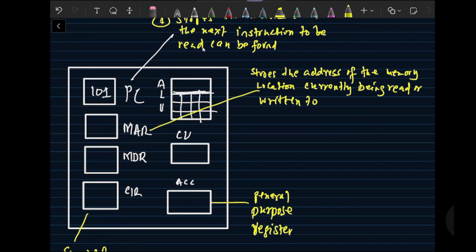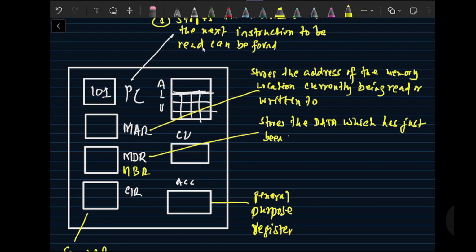Then what is the MDR? Memory data register, also sometimes called MBR, memory buffer register. It stores the data. All the other registers, PC and MAR, store addresses, and it stores the data which has just been read from memory.